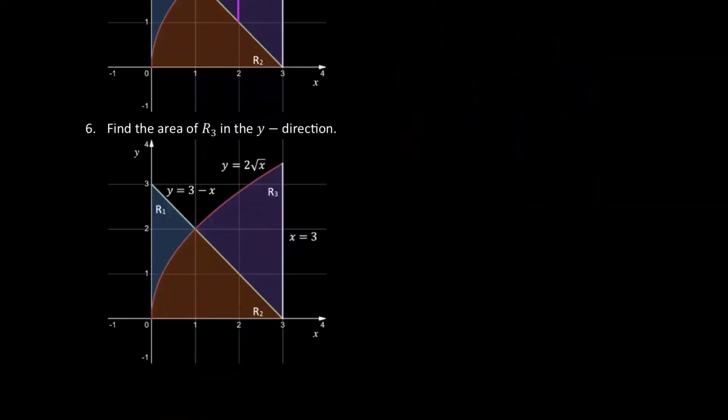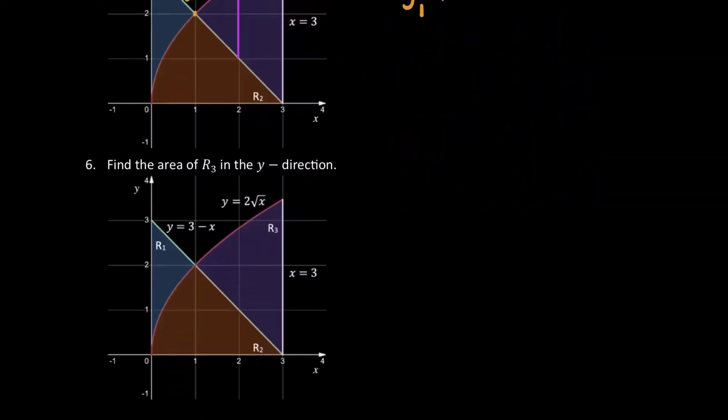Number 6, we're finding the same area, but we're gonna do it with respect to y. So the setup for the rectangles, they are horizontal kind. For the bottom portion, we can go from the line 3 minus x all the way to the vertical line x is 3.